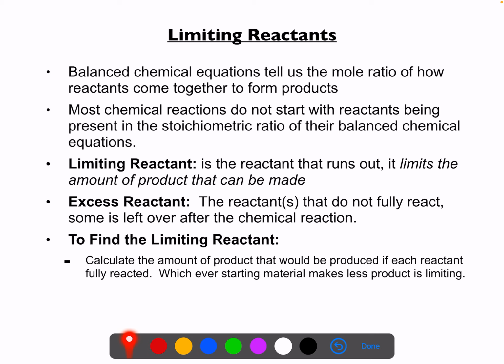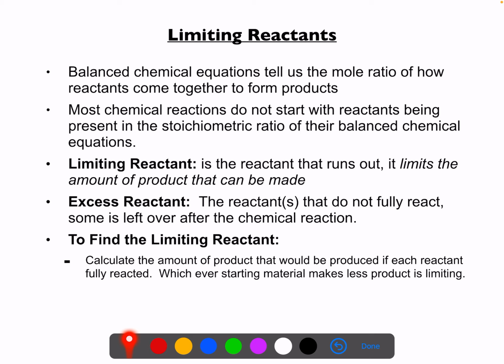Most of the time, we will have a limiting reactant, which limits the amount of product that can be made. There's only one limiting reactant, and then there might be one or more excess reactants or reagents, which are the ones that do not fully react. So if we want to figure out how much product we can make, we have to figure out what the limiting reactant is first.